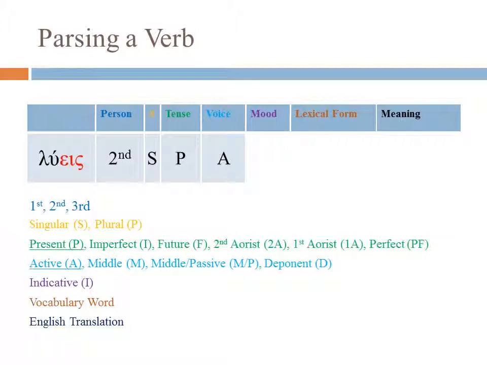The voice is active. The mood is indicative. And the lexical form that it comes from is luo. Remember, the lexical form will be the first person singular. Luo, I loose. And the meaning will be you are loosing.